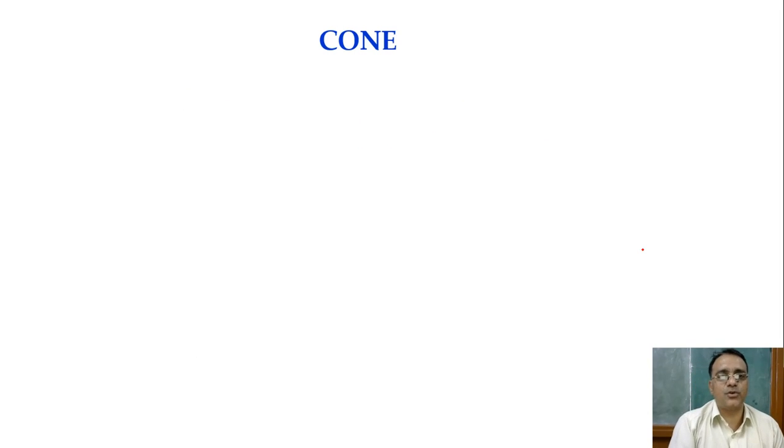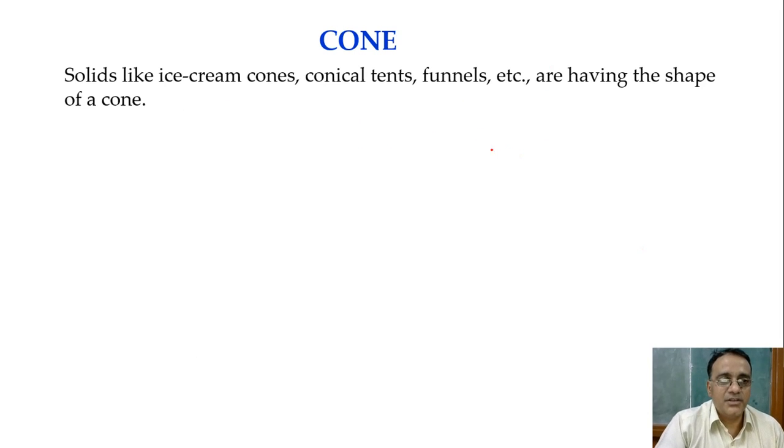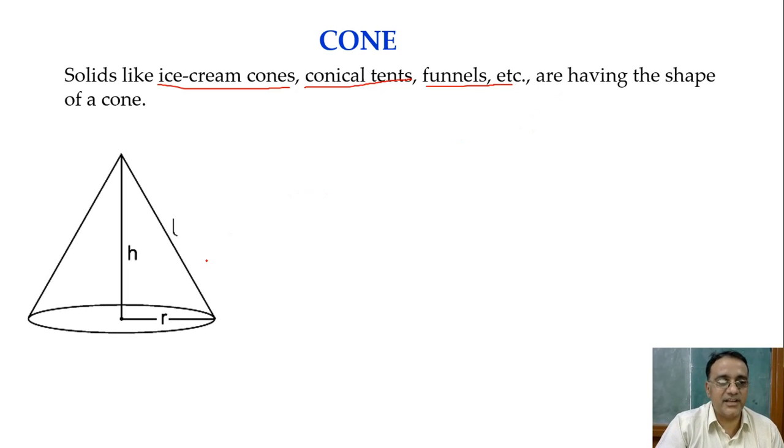Now we'll move towards cone. Cone, solids like ice cream cones, conical tent, funnels, etc. are having the shape of cone. So see this diagram. यहाँ पे तीन पैरामीटर है. One is radius, another is slant height L, और दूसरा है H height.